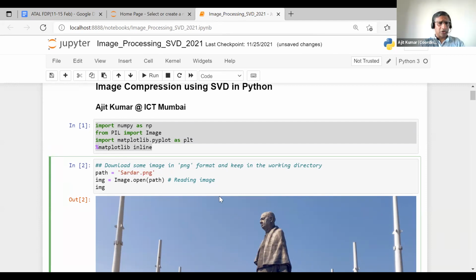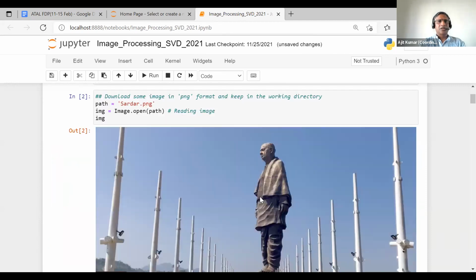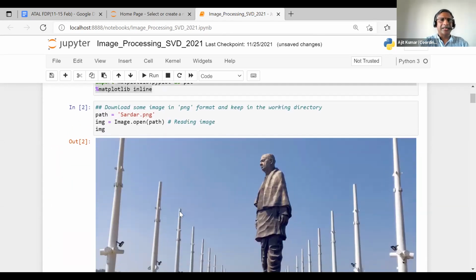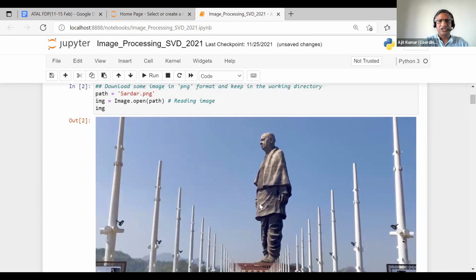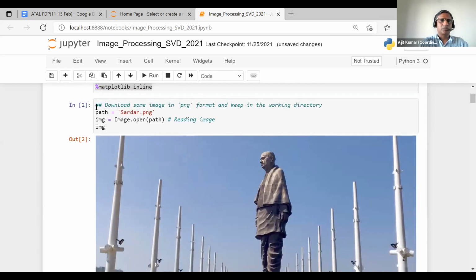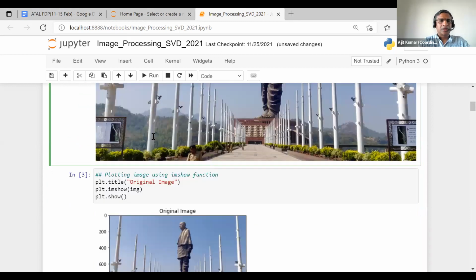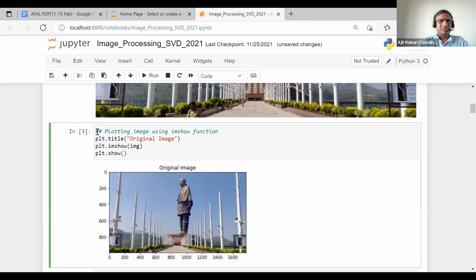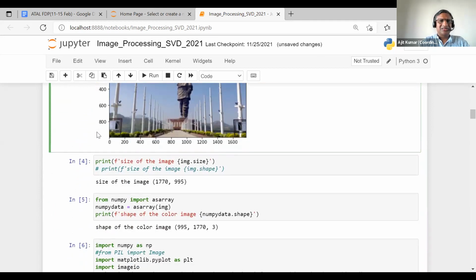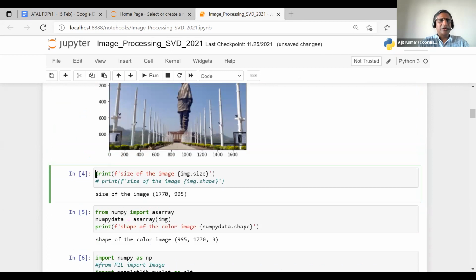In order to avoid all these things, we will load this package. It is loading the image, and after loading, this is plotting. So you run this, and next let me look at what the size of this is.